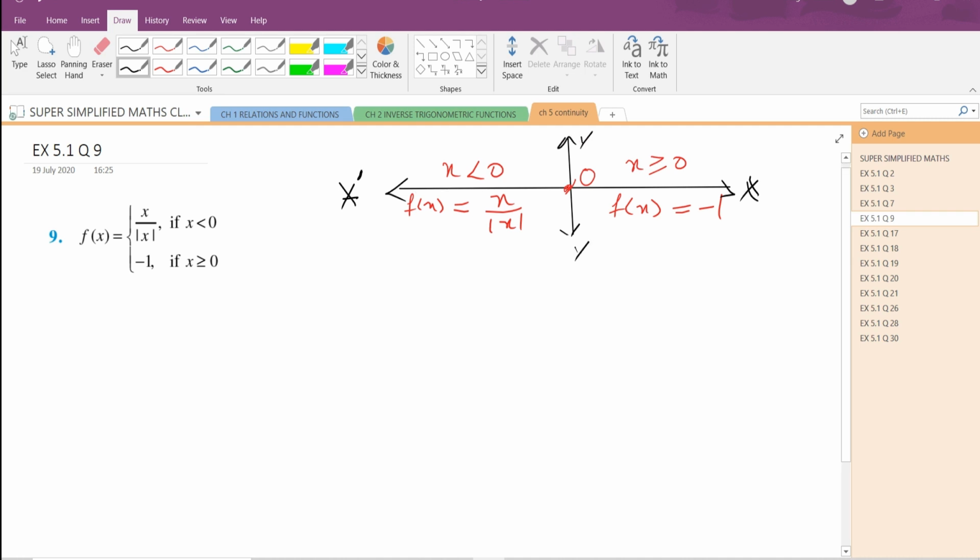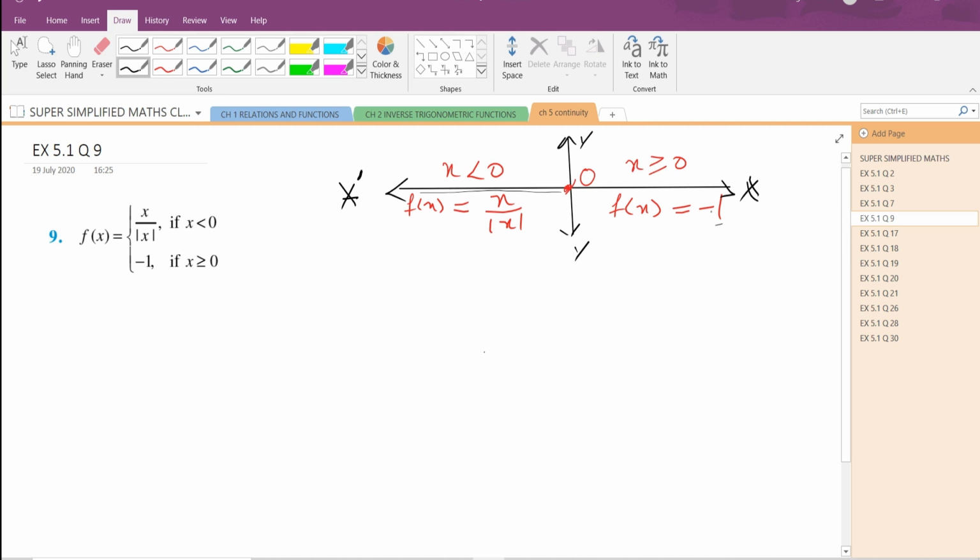For x less than 0, this is for this portion of the x-axis; in this portion x is more than 0, and 0 is included. x greater than or equal to 0 means 0 and more than 0. f(x) is this for the left hand side of 0, f(x) is this for the right hand side of 0.